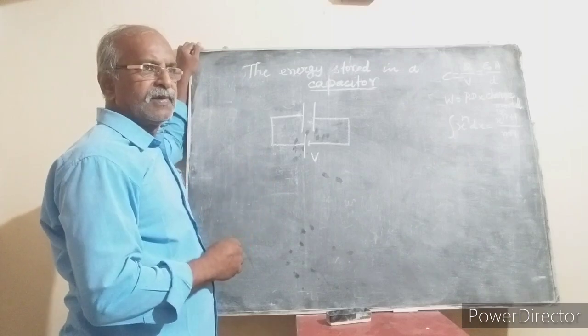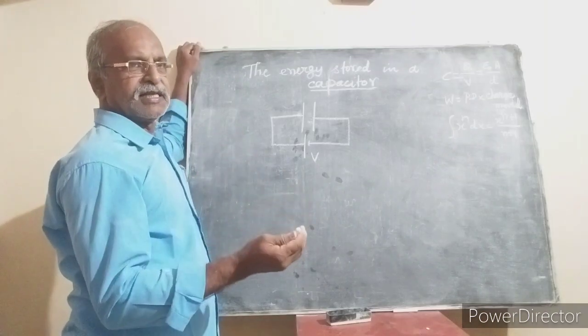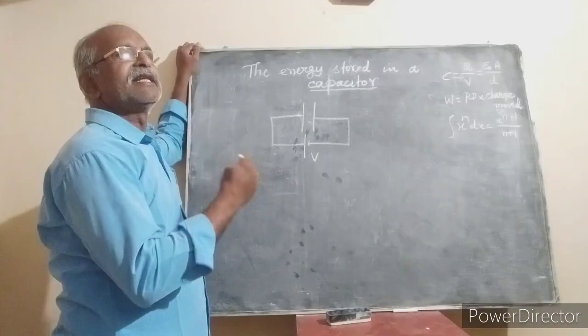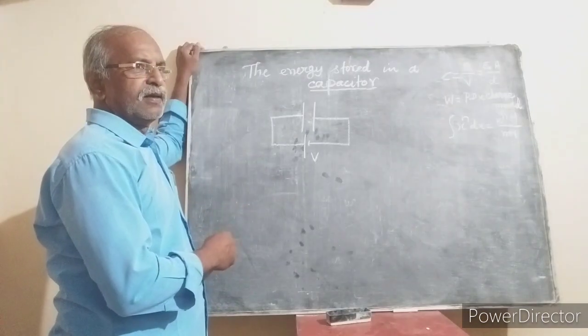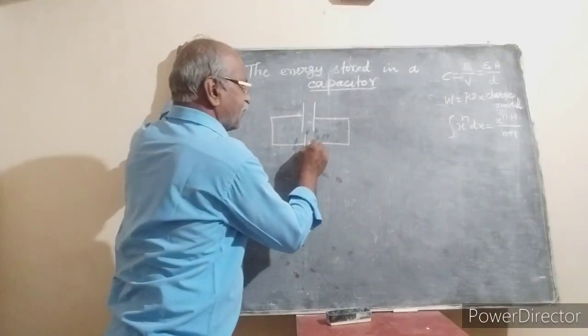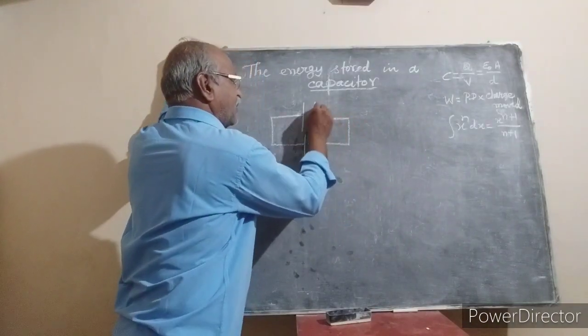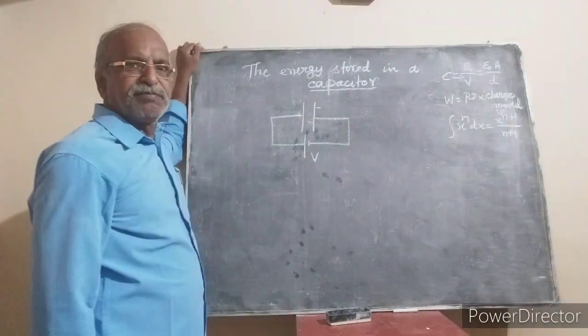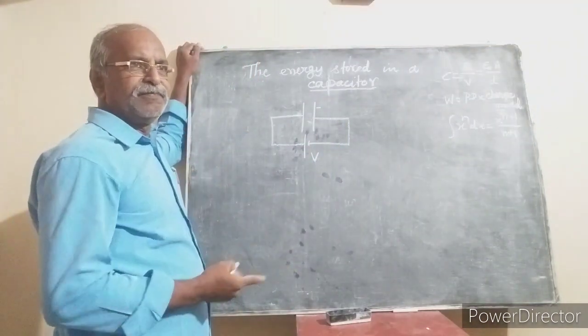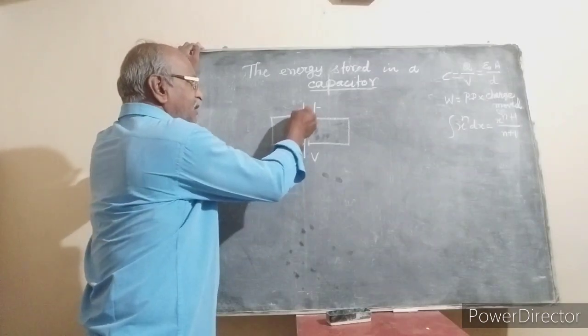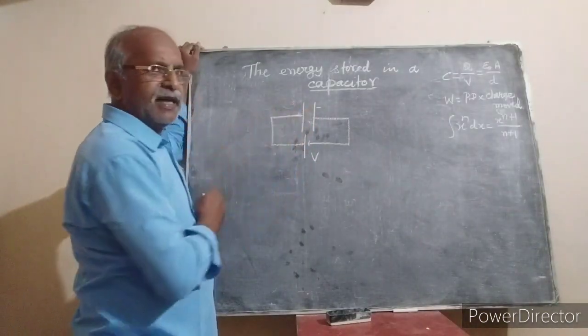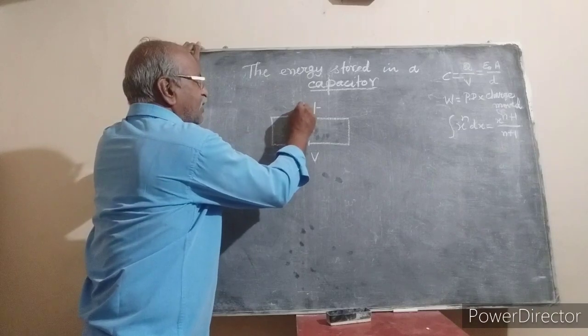Instead, we are transferring charges from one plate to another plate. By the negative terminal, negative charges will be given to the right side plate. At the same time, one negative charge will be removed from the left plate and this becomes positively charged.